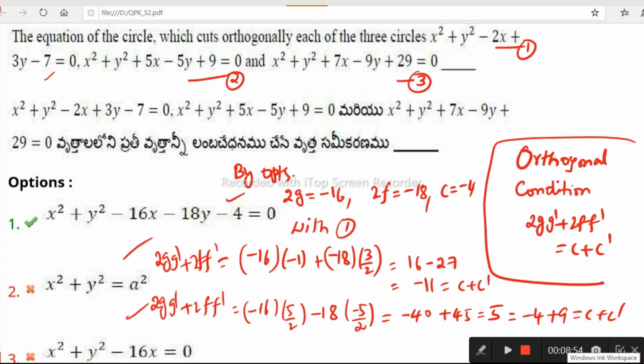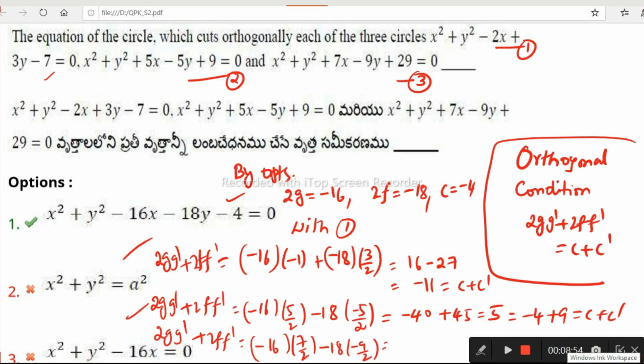ఇప్పుడు సర్కిల్ 3 చూద్దాం. సేమ్ 2g g dash plus 2f f dash. ఎక్స్ప్లెనేషన్ వల్ల మీకు టైం పడుతుంది కానీ మీరు ఫాస్ట్గా చేసేయచ్చు, మిస్టేక్స్ మాత్రం చేయకండి. 2g is -16, g dash from the circle 3 is 7/2, ఓకేనా. 2f is -18, f dash is from the circle 3 -9/2.